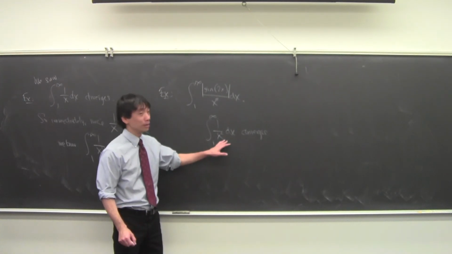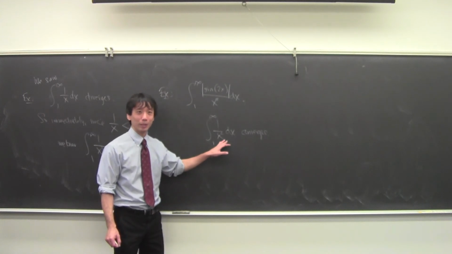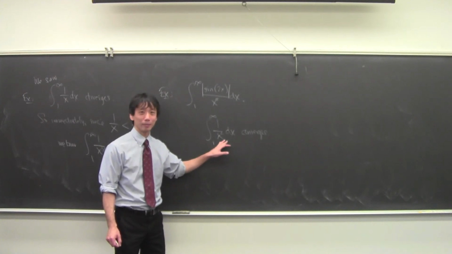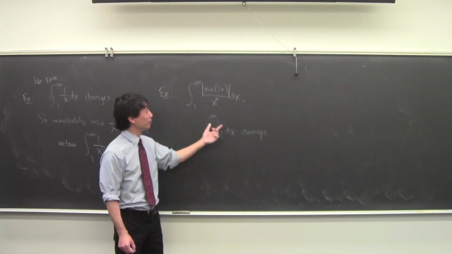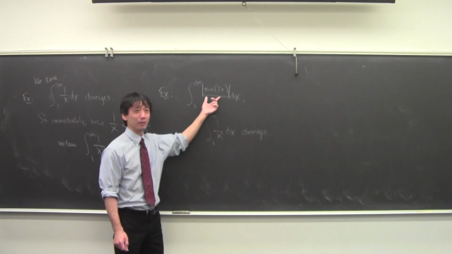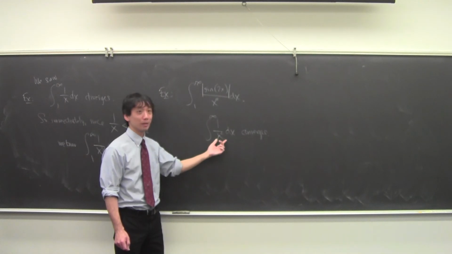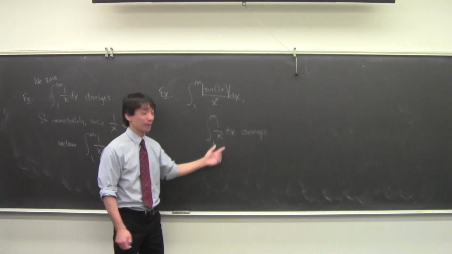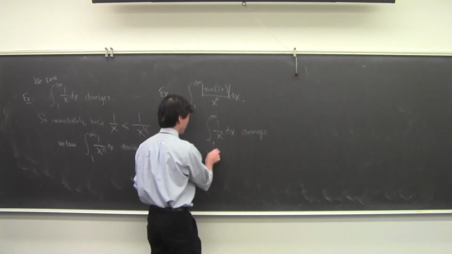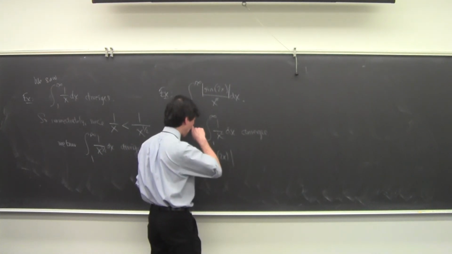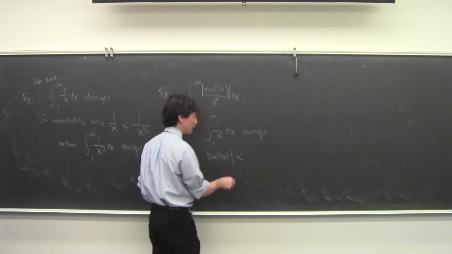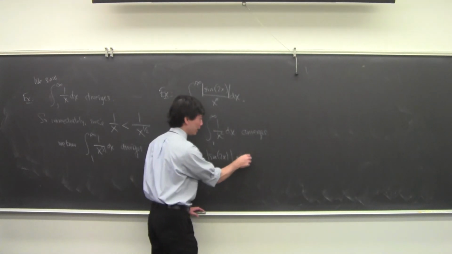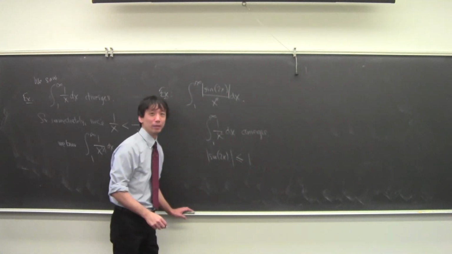So, can anyone see where we're headed? What do we know about the integrands? If I look at the absolute value of sine of x, that's going to be smaller than or equal to 1, right?